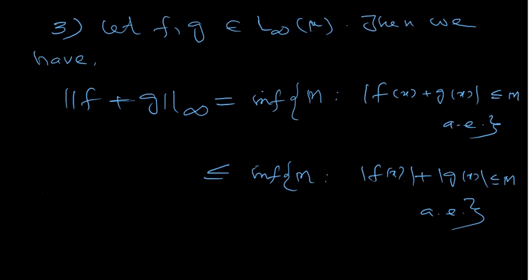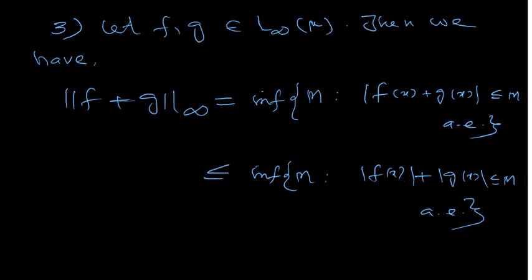For this you need to show that mod of fx plus gx is less or equal to m. But mod of fx plus gx is less or equal to mod fx plus mod gx, and mod fx plus mod gx is less or equal to m. So whenever mod of fx plus mod gx is less or equal to m, then mod of fx plus gx is less or equal to m. So that's why this set is bigger than this. So this infimum will obviously increase, because if the set decreases, then the infimum increases. So it's less or equal to.